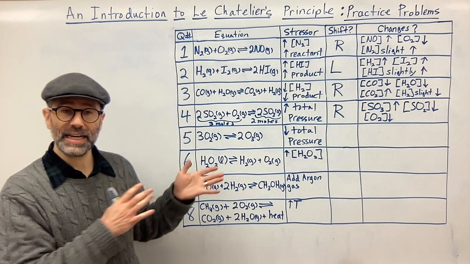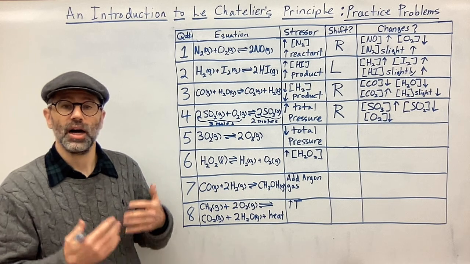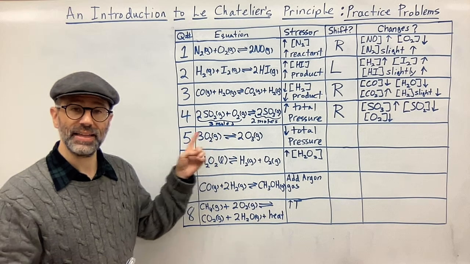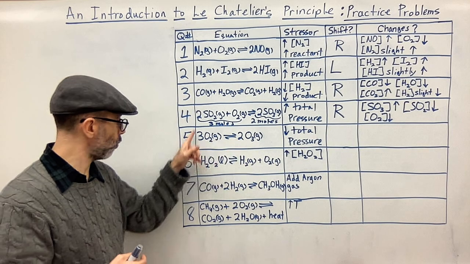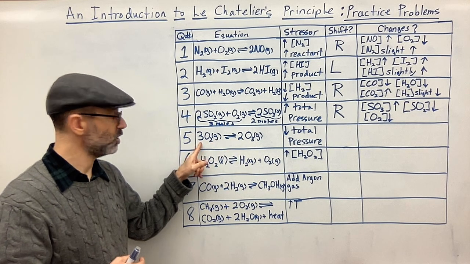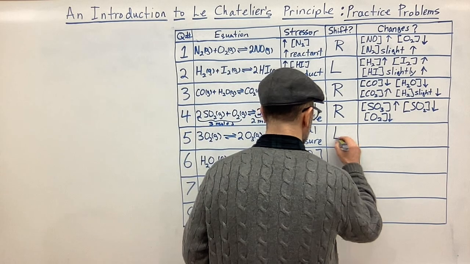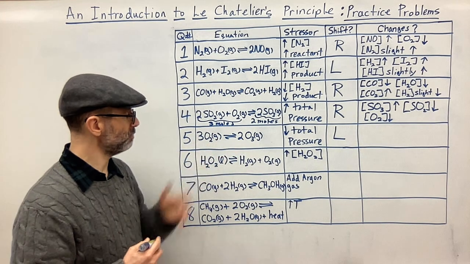Well, in order to increase the pressure, it's going to have to increase the particles of gas. And so it's going to have to shift towards the side that has more moles of gas. So it's going to shift towards the reactants in this case. So it's going to shift left. And so what's going to happen?